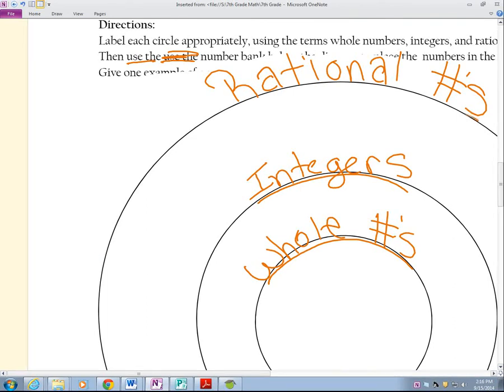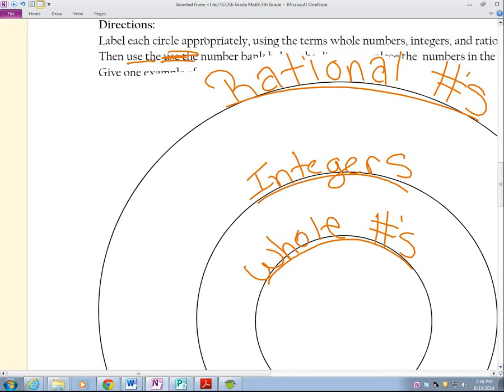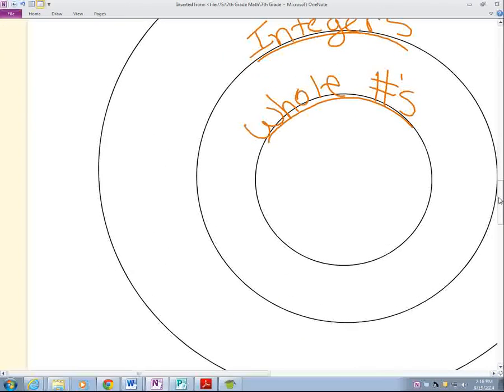Okay, now let's look at the word bank below it, and because Lincoln Wildcats are the best, we're going to use Lincoln colors. We already got the orange, now we're doing blue. Whole numbers. Can someone please give me an example of a whole number according to the definitions that you wrote in your notes, in the pool at the bottom? Okay, Elena.